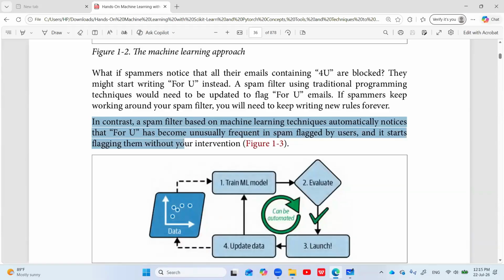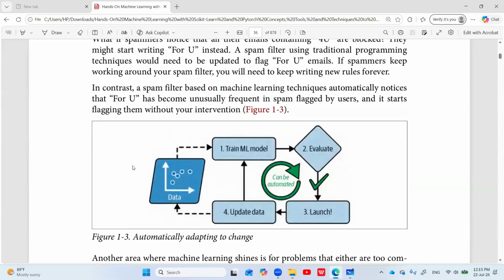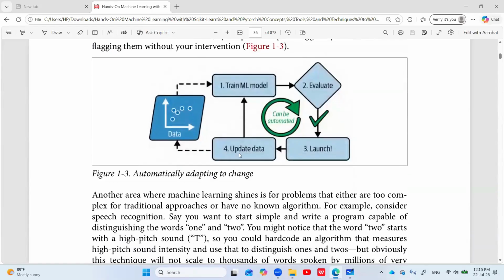So it will understand it automatically, and it starts flagging them without your intervention. Okay, so while training the model, they evaluate and launch, and after launching, you can update things. Updating means it will be trained according to the new data. So it will go on like that.